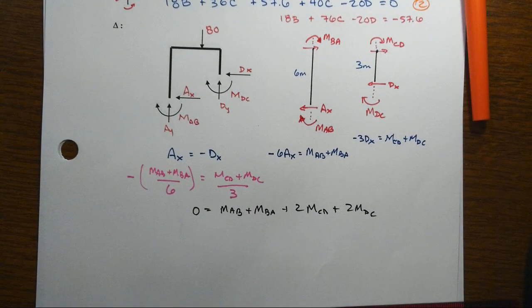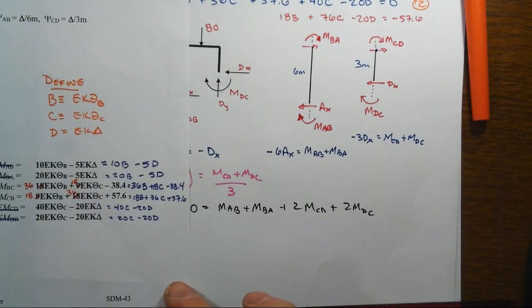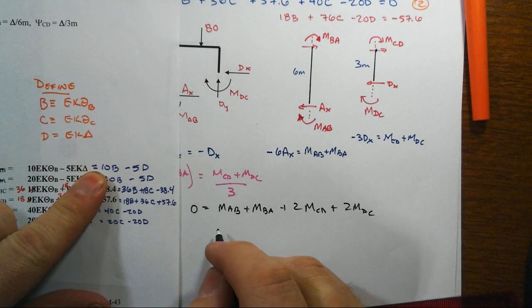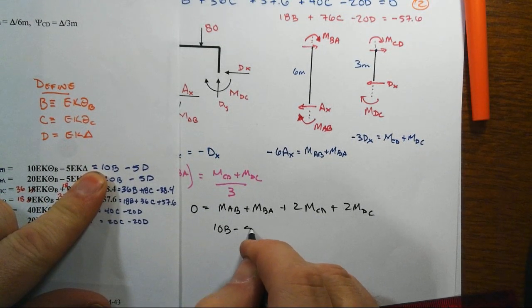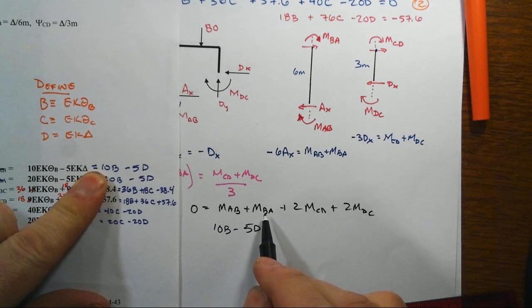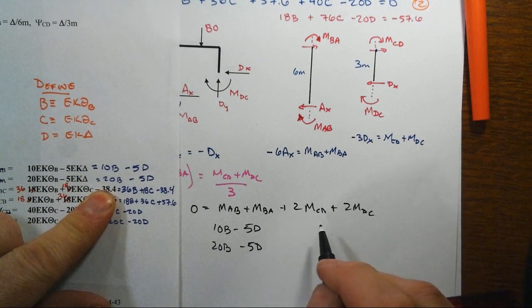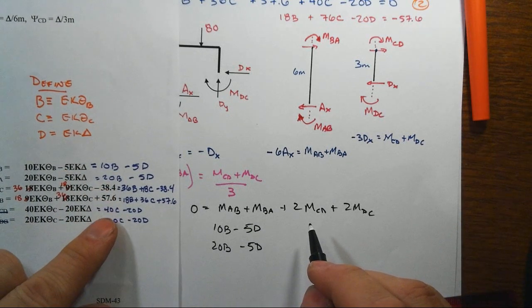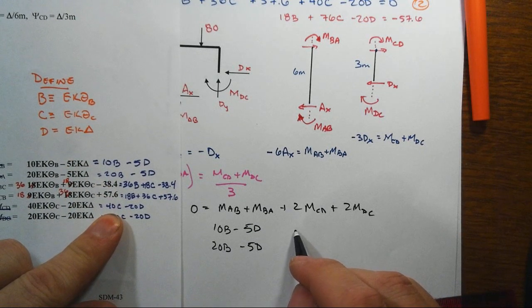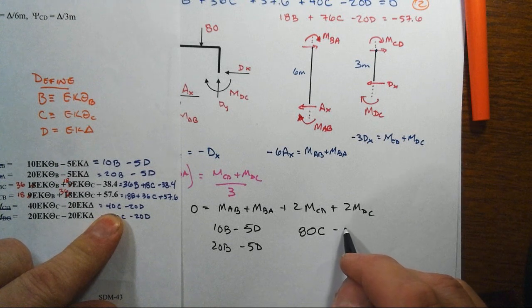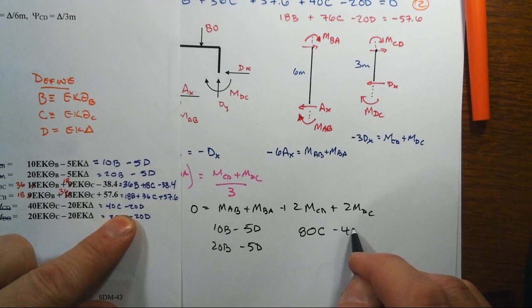And if we then go back to our slope deflection equations, there's your MAB, that's 10B minus 5D. Your MBA is 20B minus 5D. Your MCD is all the way down here at the bottom, so that's 2 times 40C, so 80C, minus 2 times 20D, so that's 40D.